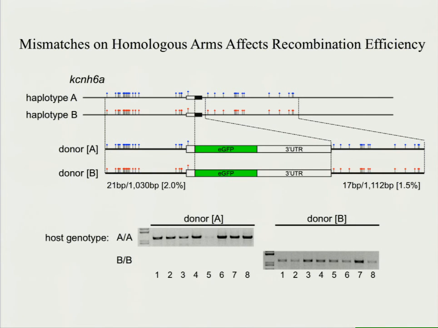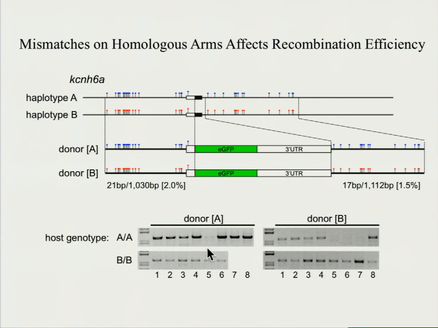First of all, as shown here, in the embryos with matched genotype, both donor A and B induced recombination efficiently. However, in the mismatched genotype, for example, donor A in host BB embryos, the recombination efficiency is severely reduced.